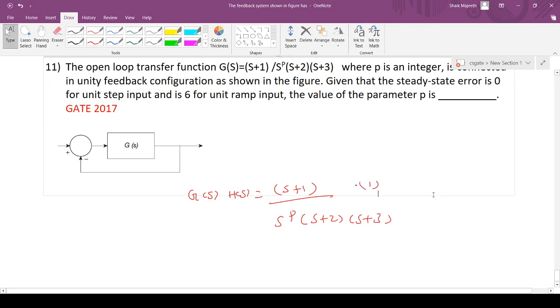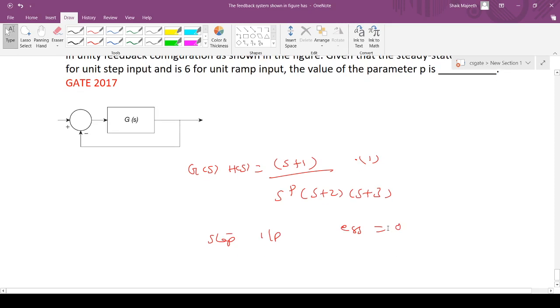What is the thing? Steady state error for step input, ess is 0. For ramp input, ess is 6. So what is the thing they are asking about? p. Right? So you see, step input error is 0 for a type 1 system.